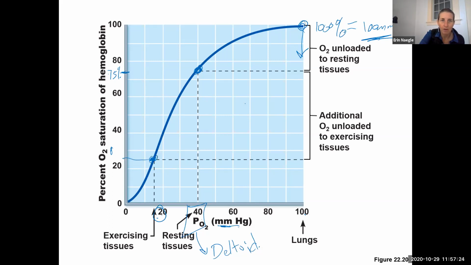Well, now I'm going from arriving at 100% saturated, and that is dropping down to, whoa, stop, 25%. Holy moly. That's a big difference, right? From 100 to 70. Whoa. 75 versus 100 versus 20, that's a 25.